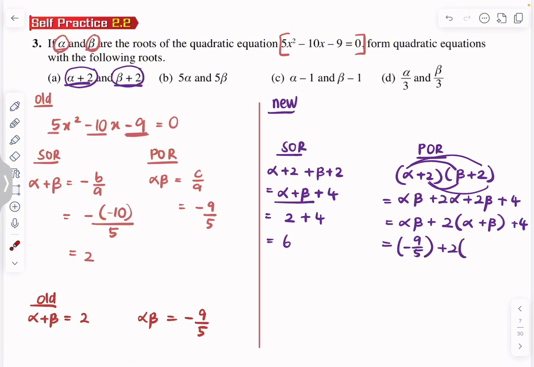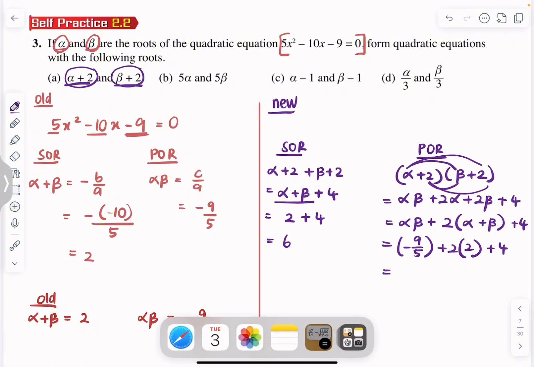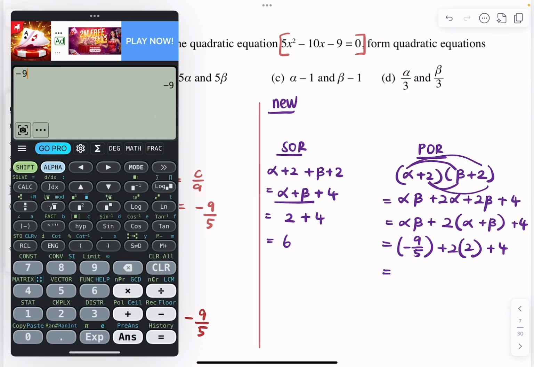Alpha plus beta is 2, we put this here. 2 times 2 plus 4. And we use our calculator. Negative 9 over 5 plus 2 times 2 plus 4. We get 31 over 5.